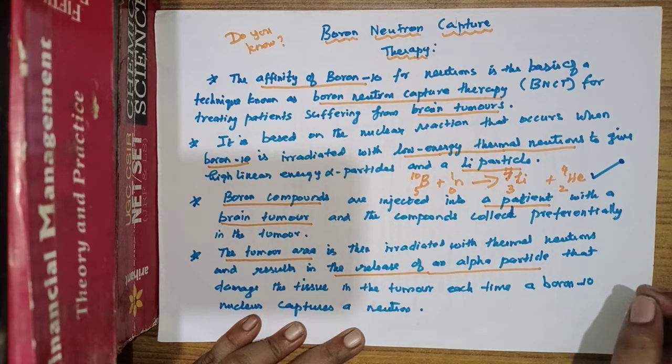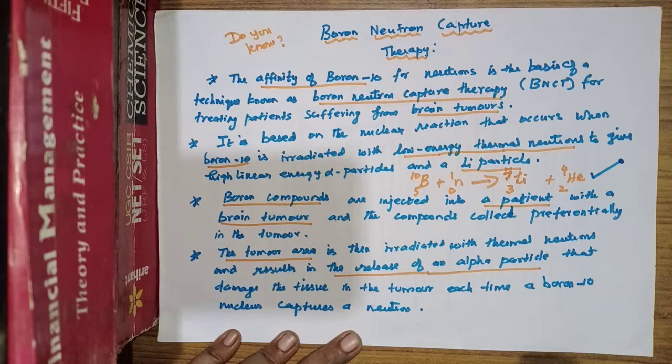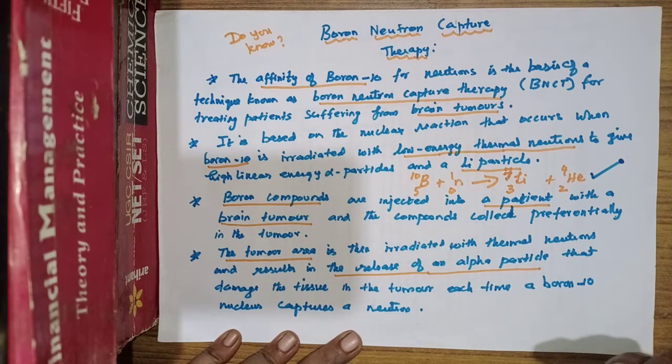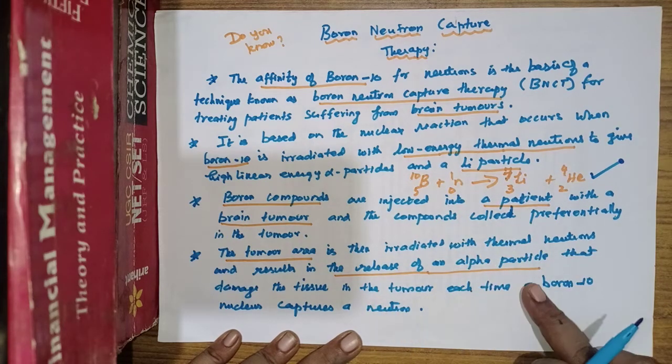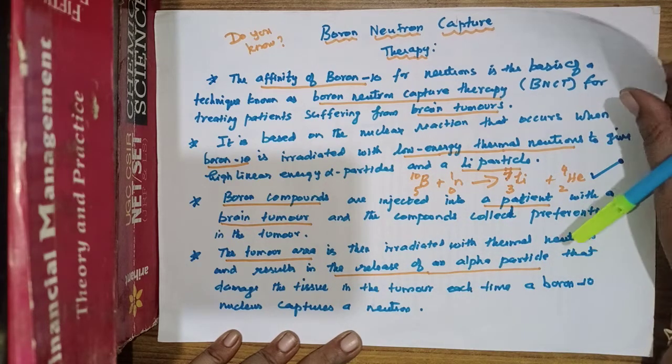Each time a boron-10 nucleus captures a neutron, it releases the alpha particle that damages the tissue in the tumor.